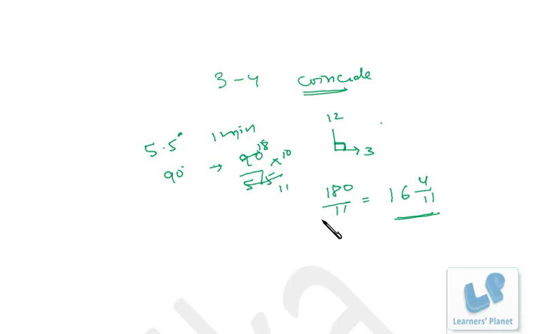Okay, so after 3, 16 4 by 11 more minutes, so at 3:16 4 by 11, the angle between them will be 0 degrees, or they will coincide. Okay, I hope you are getting me.